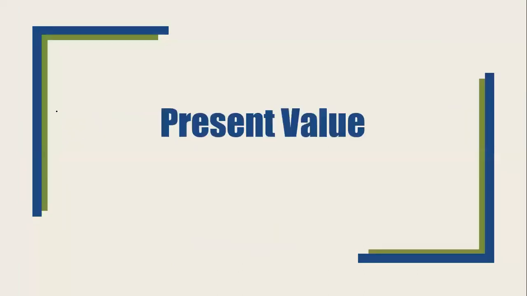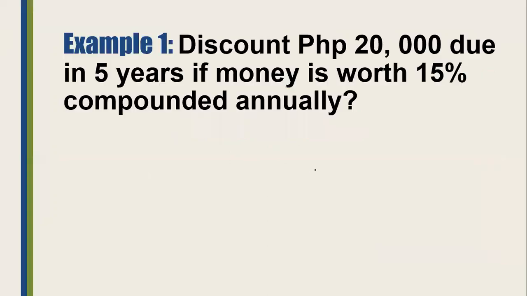Next, for present value. Again, the same formula will be used. F is equal to P, quantity 1 plus I, quantity raised to N. Discount 20,000 due in 5 years if money is worth 15% compounded annually.